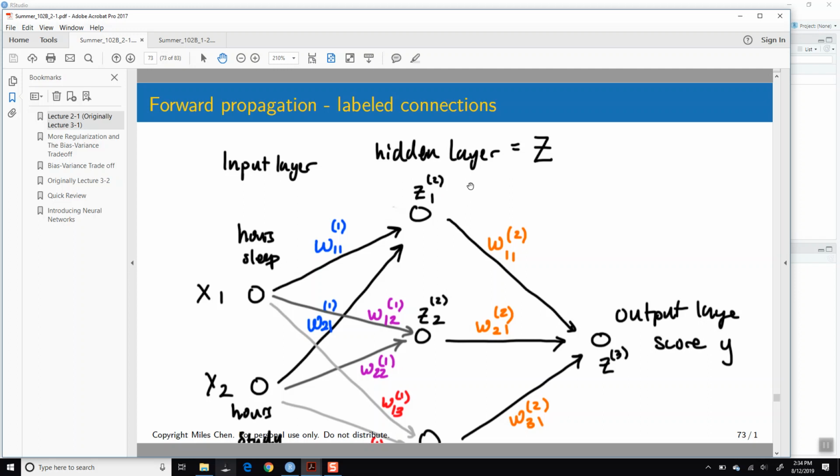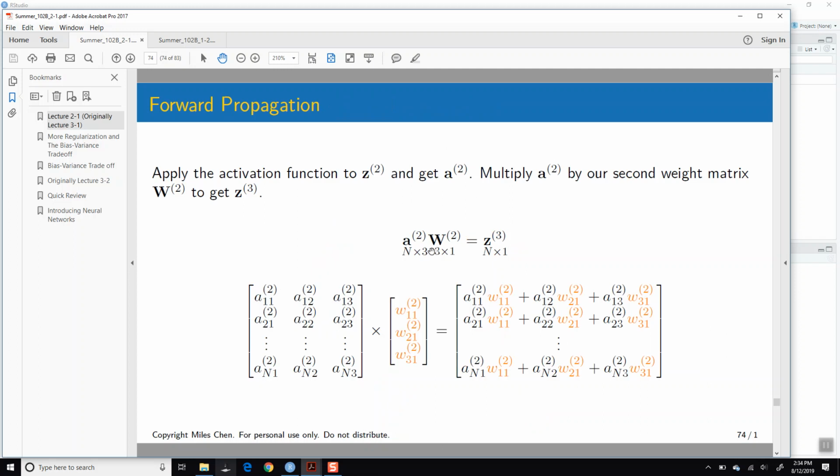Now we're going to multiply a, an n by 3 matrix, times w super 2, which is 3 by 1. What will the dimensions of the result be? It's going to be n by 1. When you multiply this out, they all combine, and you get an n by 1 column matrix.